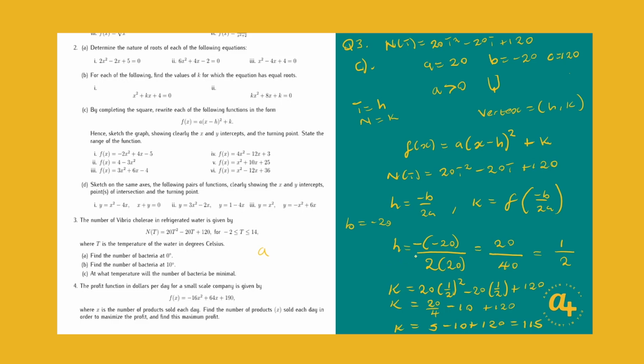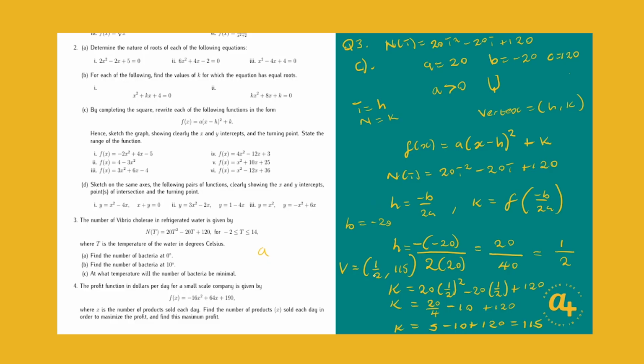So now that we know the values of both h and k, we can officially say that we have found the vertex. So the vertex in this case is equal to half, 115. So this is the vertex. And if we make reference to our question 3c, which reads, at what temperature will the number of bacteria be minimal? We know that our h in this case represents the temperature. So once we know our h, we know the temperature that will lead to the minimal number of bacteria.